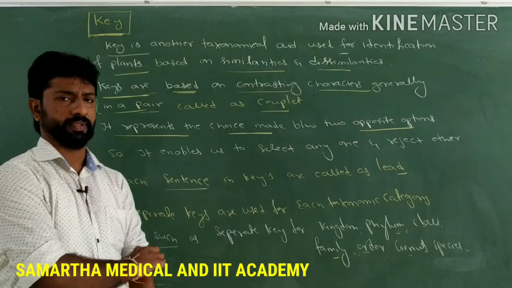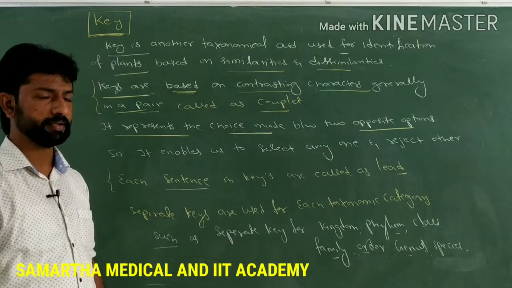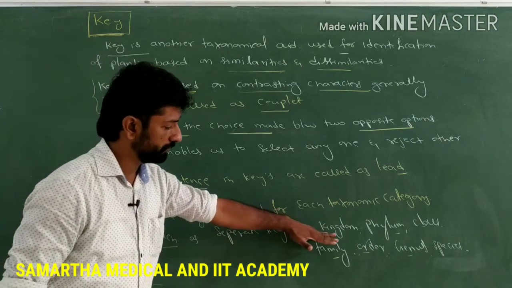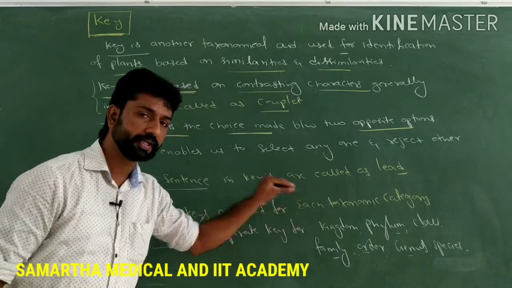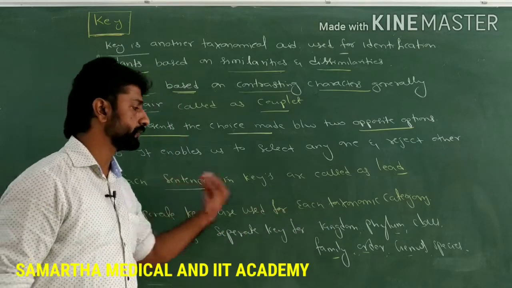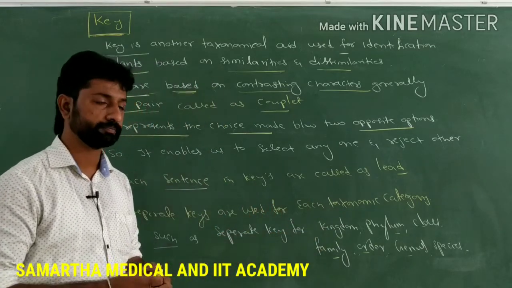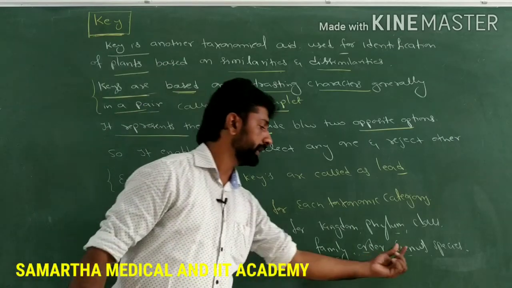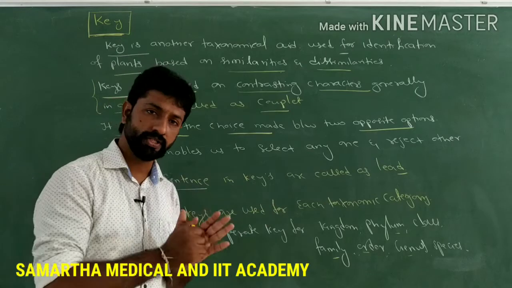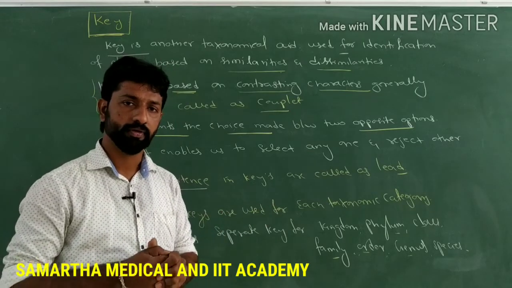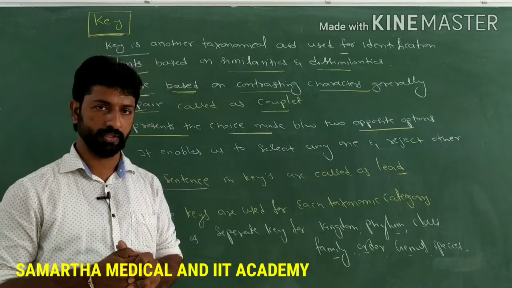What is the meaning of this? If you want to identify the kingdom of the plant, you need to use the key which helps you identify the kingdom of that plant. And in order to identify the genus of the plant, a separate key used for the identification of genus should be used.